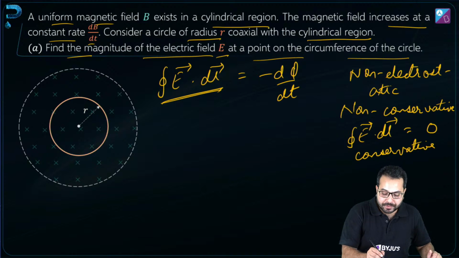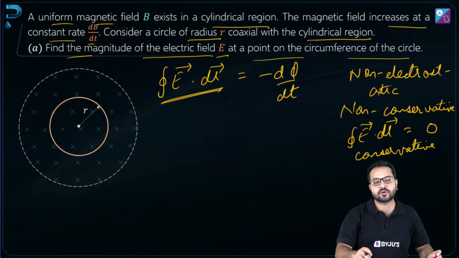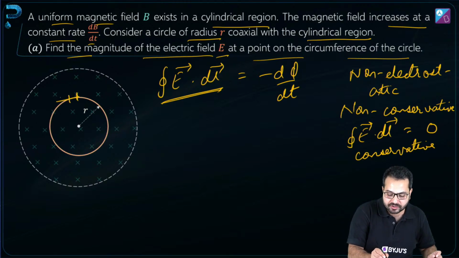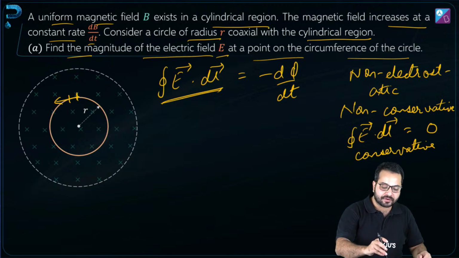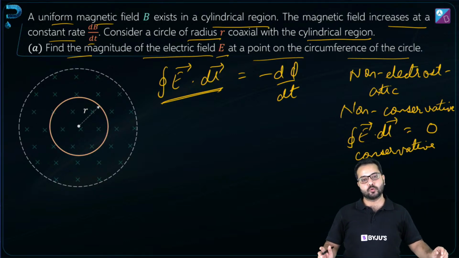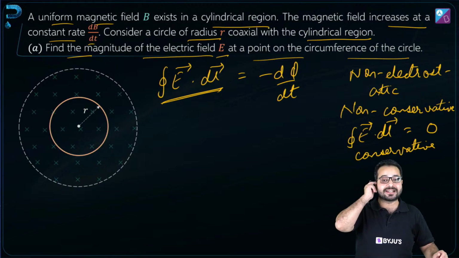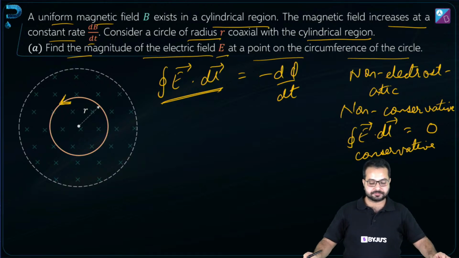So we are going to give a sense to this loop. Now dl is a vector, and we are going to take a small length dl, this vector dl. So we have to find the direction of dl, so we have to assign a sense to this loop. I'm going to assign an anti-clockwise sense to the loop.